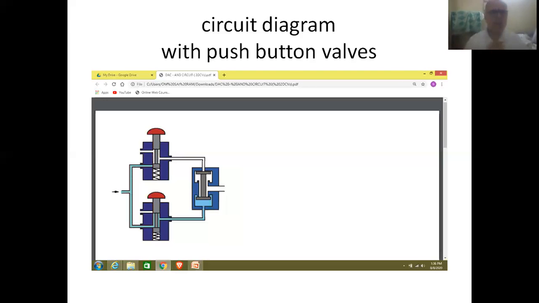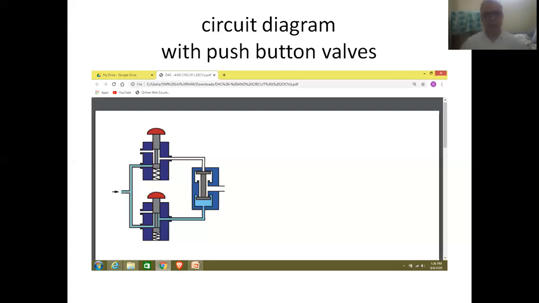This is called the backward stroke of the piston. So friends, this is called one cycle of operation. These cycles will repeat continuously so long as the circuit is under operating conditions.